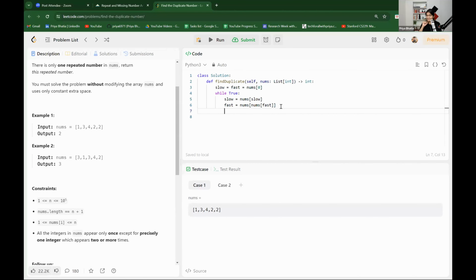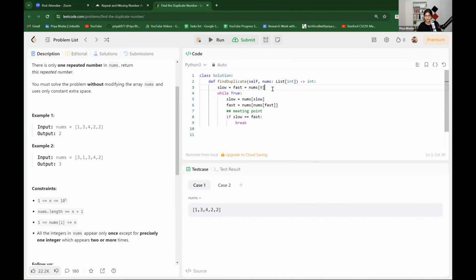What I have said, the intersection point we have to find out, the meeting point. How will we be able to get it? If my slow and fast meet at any point of time, I will stop there, which means break.